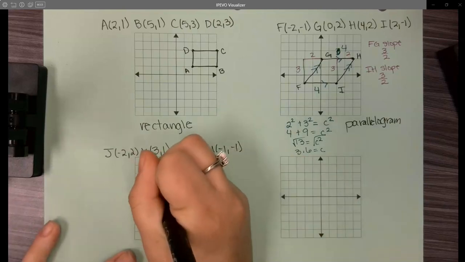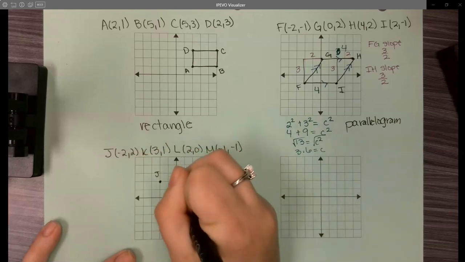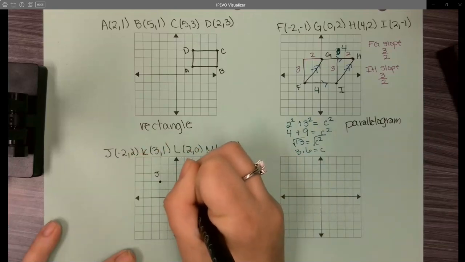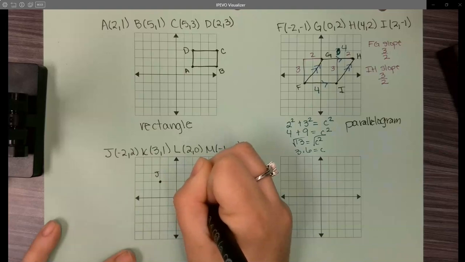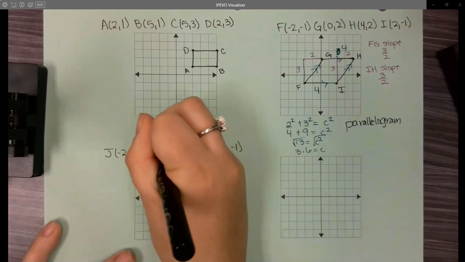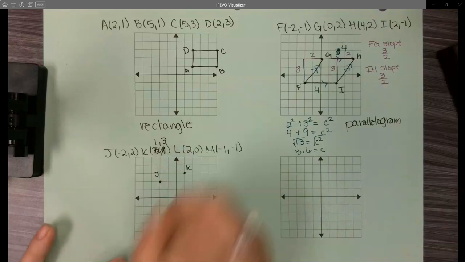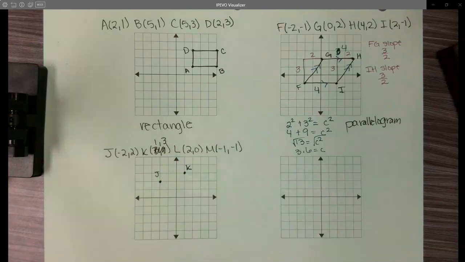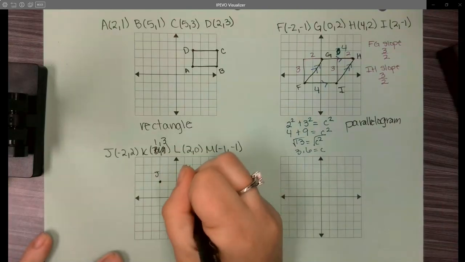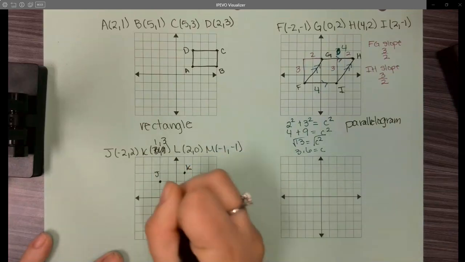And graph this. So I have negative 2, 2, 3, 1. No, wait, I don't want 3, 1. My bad. I wanted 1, 3. Two, 0. And negative 1, negative 1.